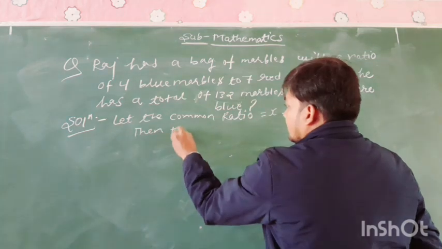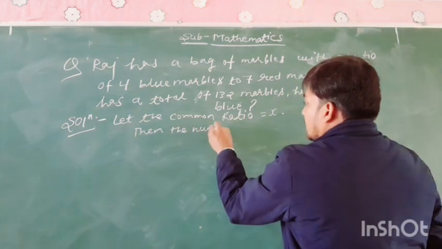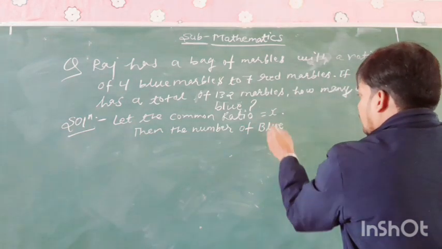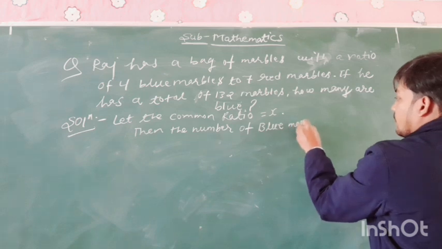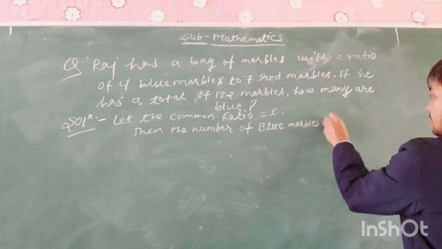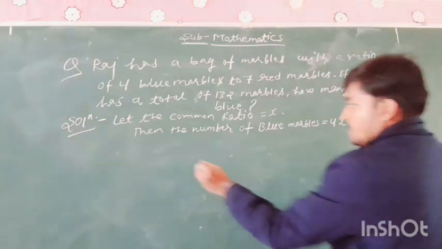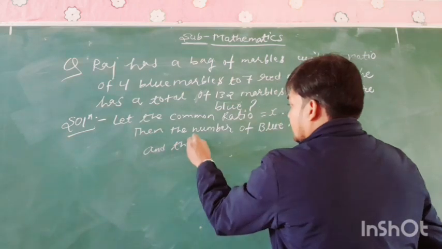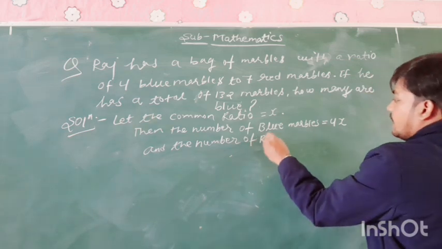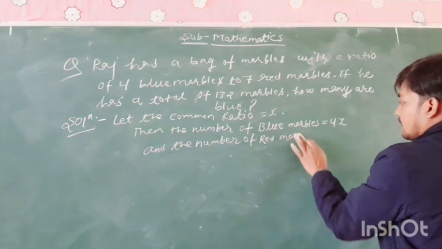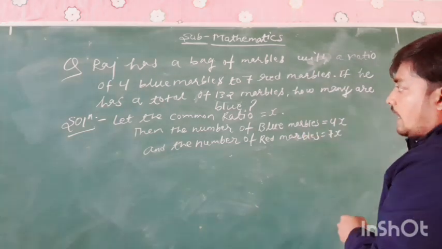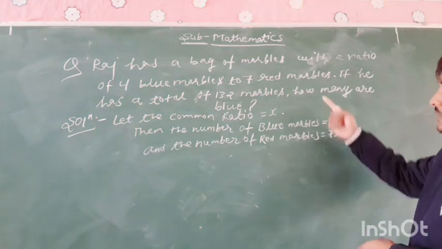Then the number of blue marbles is equal to 4x, and the number of red marbles is equal to 7x, and the total number of marbles is equal to 132.